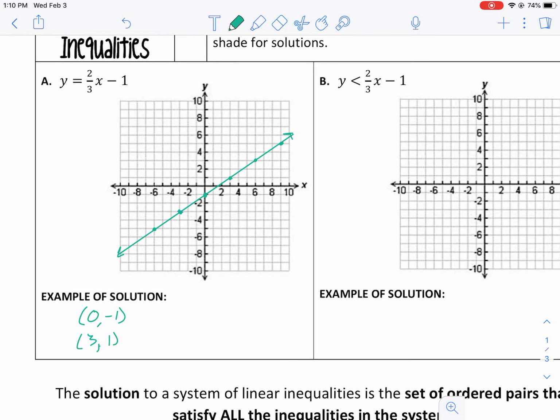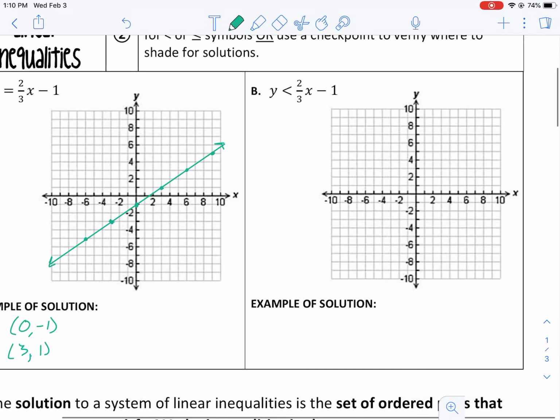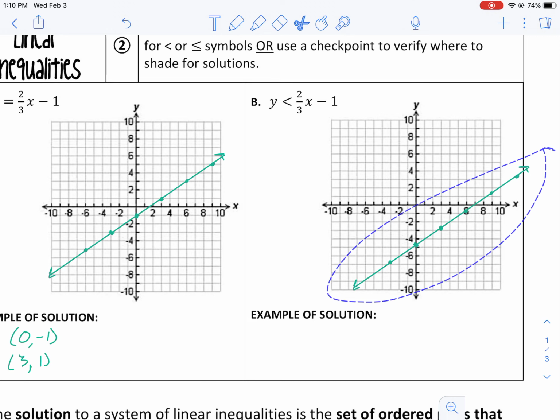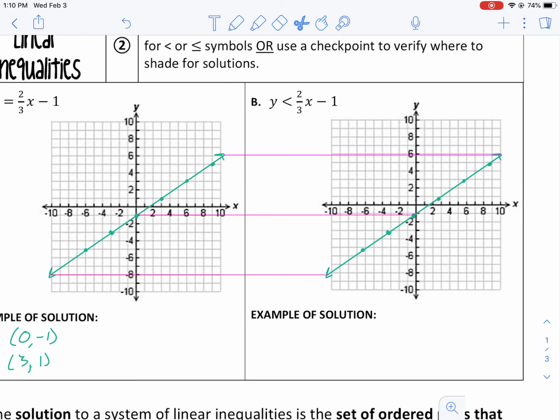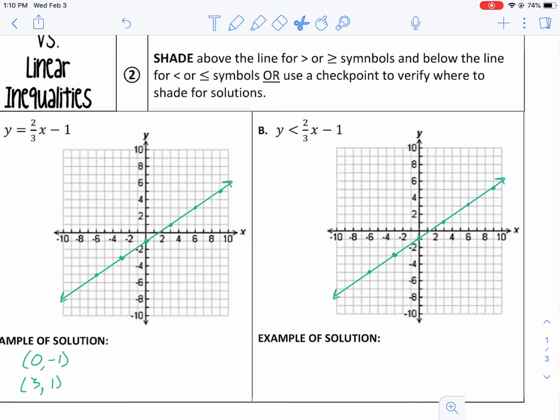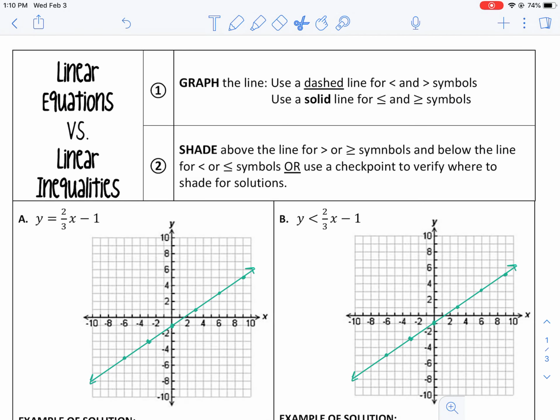When it comes to an inequality, all right, it doesn't actually have to be equal to the line, right? It could be less than or greater than. So if I'm looking at the same line right here, all right? So there's a couple things that change. First thing is that we have a less than sign, all right?